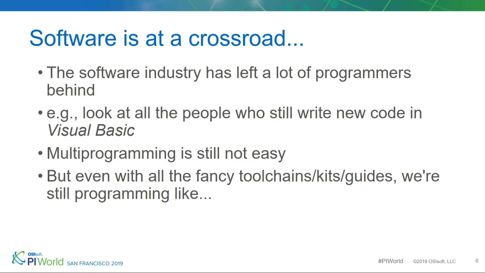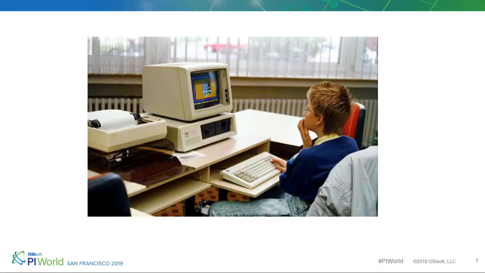And as a consequence, we have a large amount of the programming labor pool whose skills are mediocre at this. So this is what a lot of us code like, including me when I first started. And deep down, I think we're still coding like this. We're intensely focused on a project. We're learning. I mean, I was this kid. I had a Compaq DeskPro instead of an IBM. But microprocessors were new.